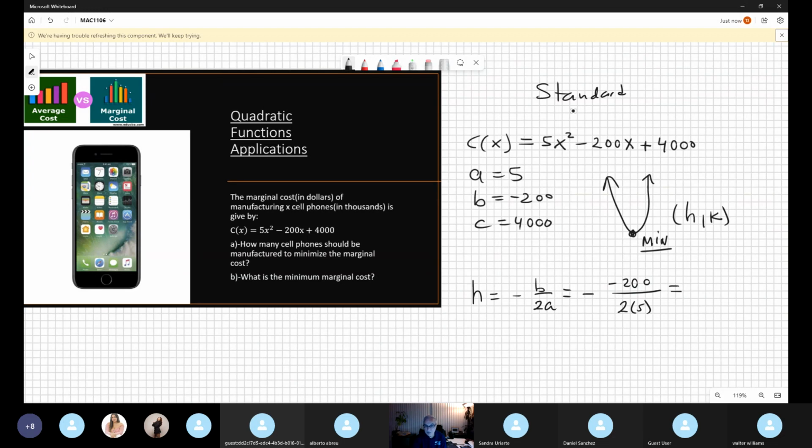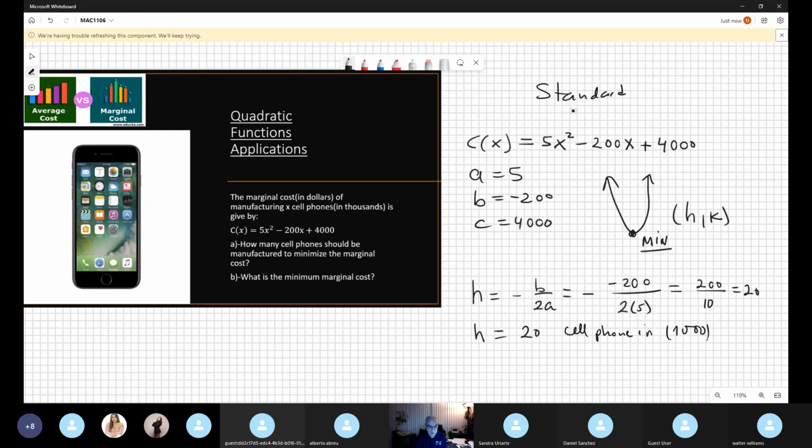Negative times negative is positive, 200 divided by 10 is 20. 20 what? 20,000 cell phones, but in thousands. Actually, it is 20,000 cell phones.